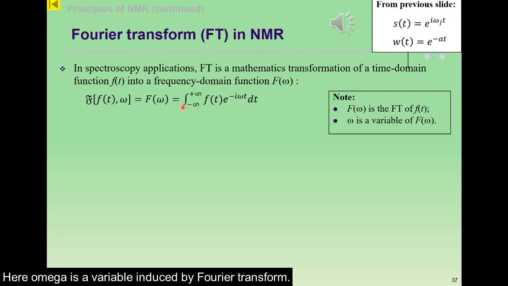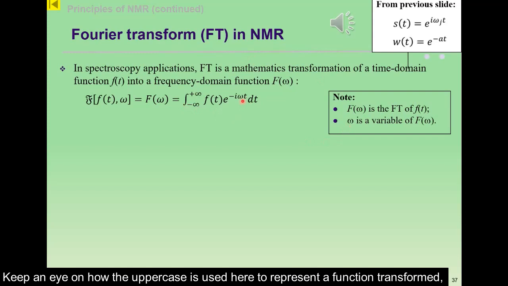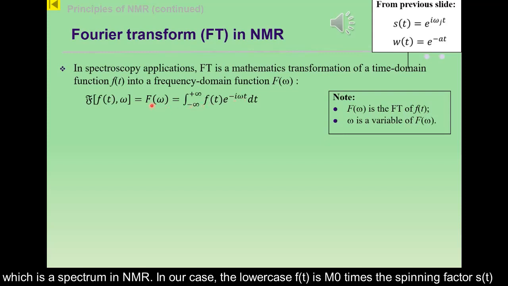Here, omega is a variable induced by Fourier transform. Keep an eye on how the uppercase is used here to represent a function transformed, which is a spectrum in NMR.